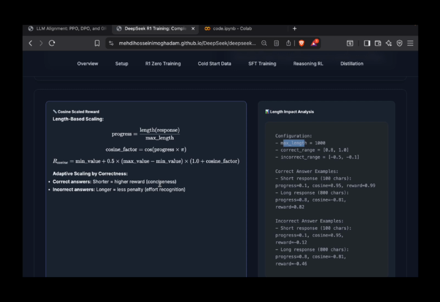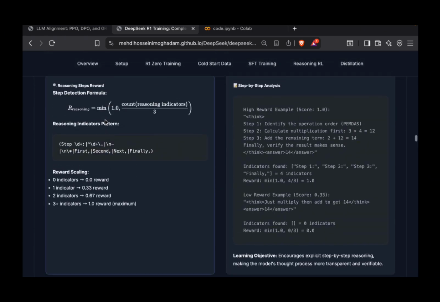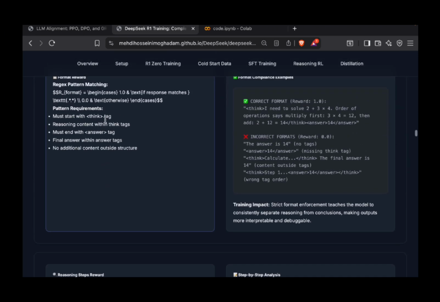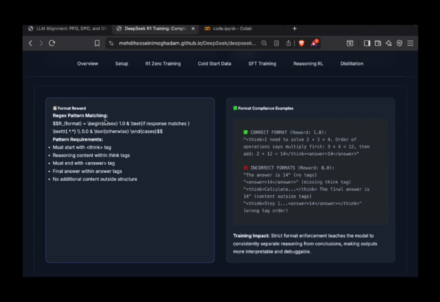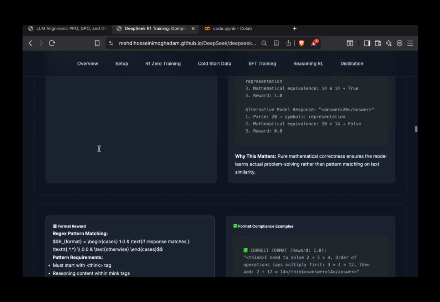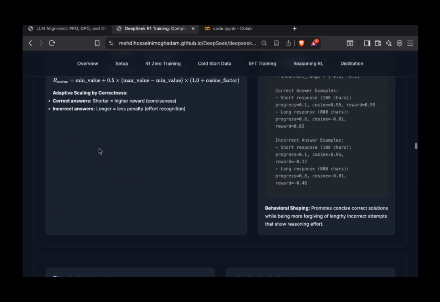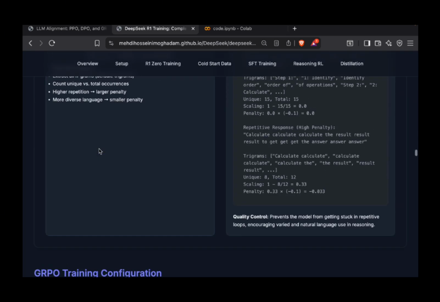So what we had so far: we had a reward function for length, we had a reward function for reasoning steps, how many reasoning steps we can have. We had a reward function for making sure that the reasoning tags are in the right format, and also another reward function for calculating and parsing the right answer.